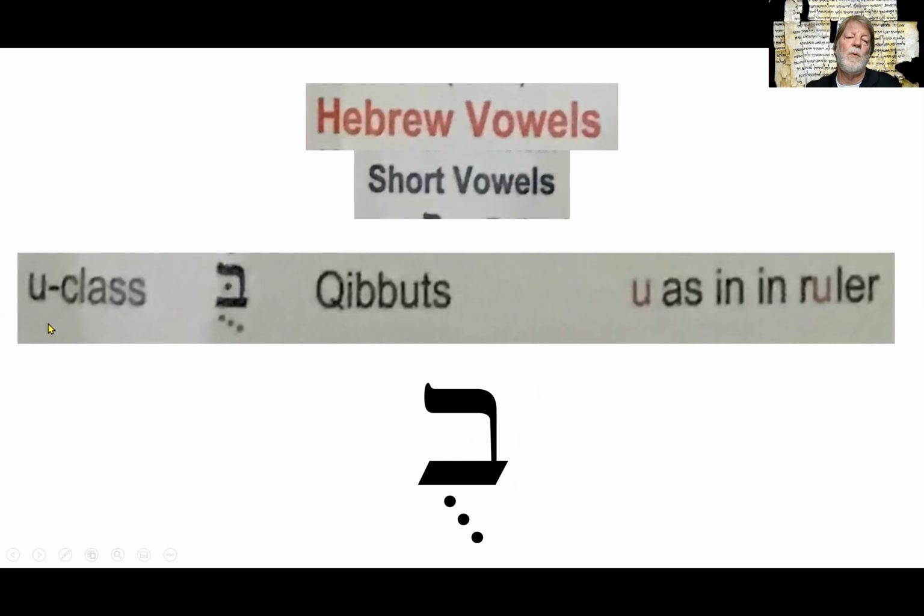The next vowel that we want to learn is a U class vowel. It is written with 3 angular dots underneath it. It's called a kibbutz. Now there's another U sounding letter that is called shurek, and we will learn that briefly. But the way I remember the difference between a kibbutz and a shurek is that there are 3 dots here, like a kibbutz of dots.